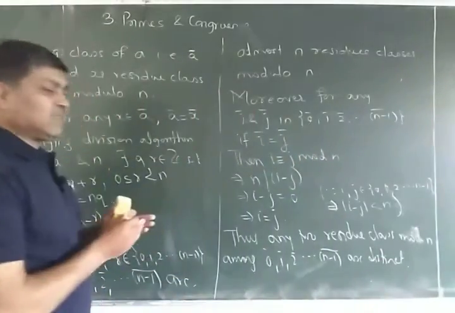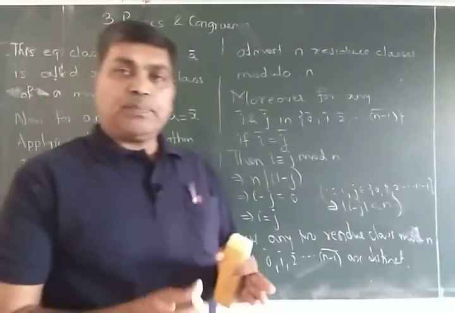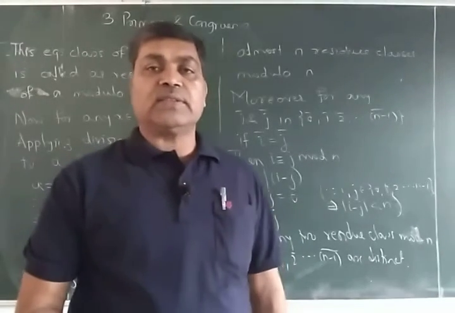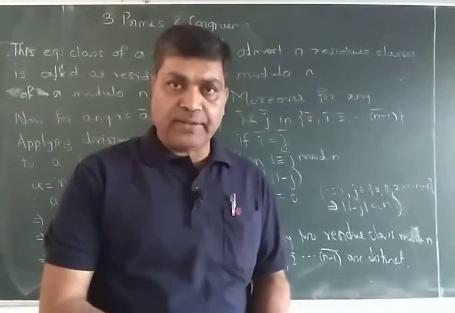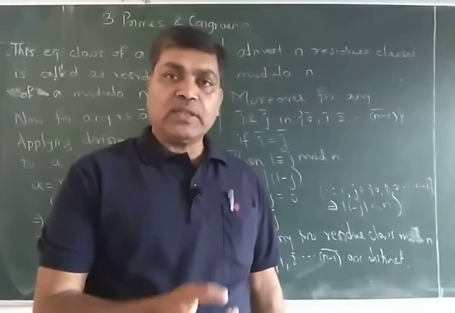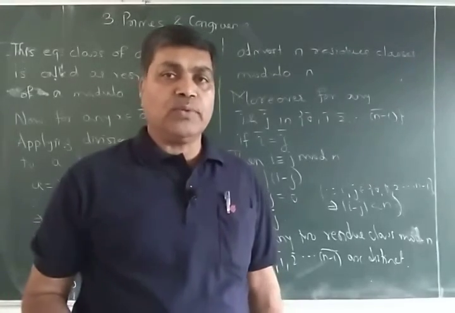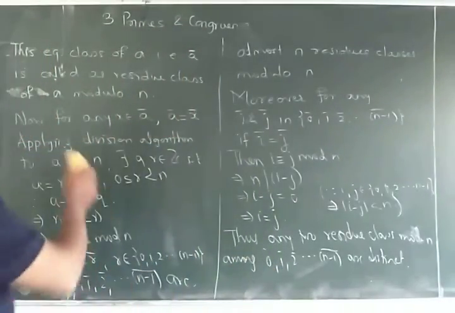What this implies is there are precisely n distinct residue classes modulo n, which are nothing but 0 bar, 1 bar, up to n minus 1 bar.